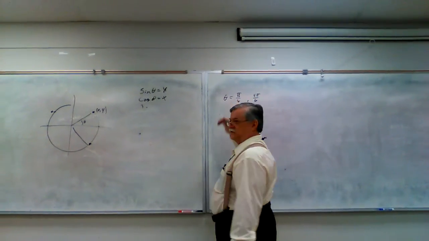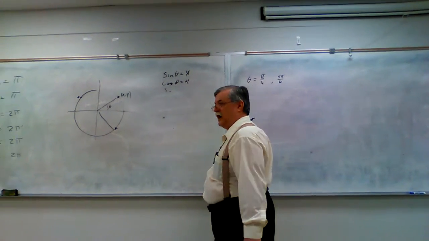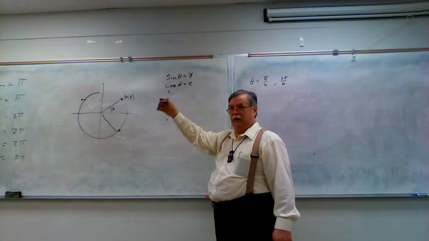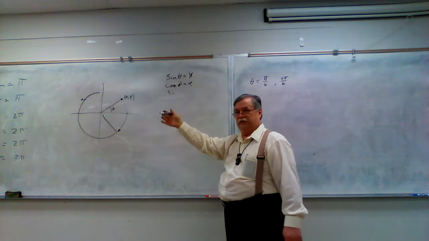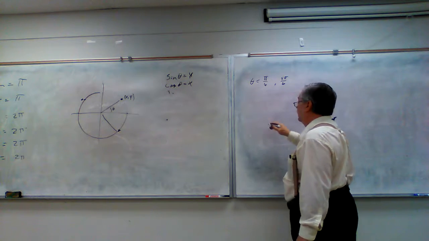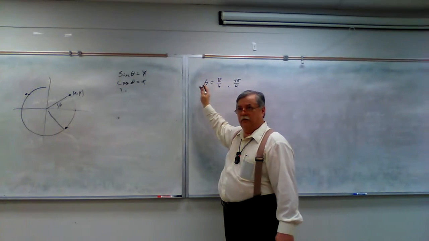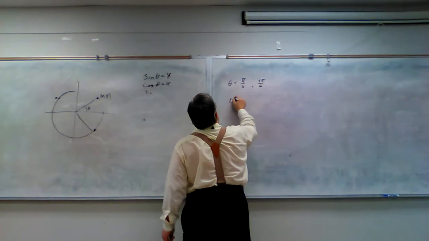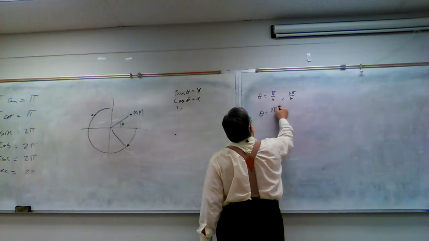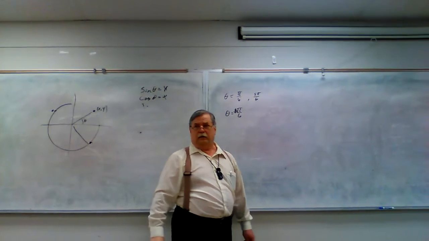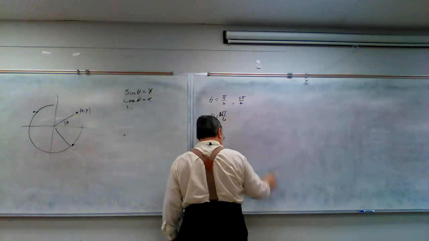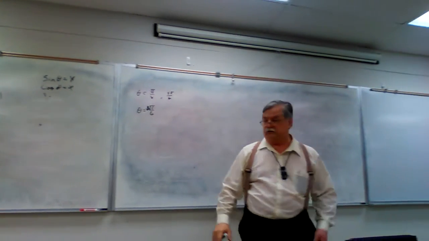But if they want all the solutions, then you have to know, you've got two solutions, so you know that it's either a sine or a cosine or a secant or a cosecant function that you solved to get this solution. So when you write the solution for all solutions, you would write theta equals pi over 6. You'd write k pi over 6. I'm sorry, you would not write k pi over 6.